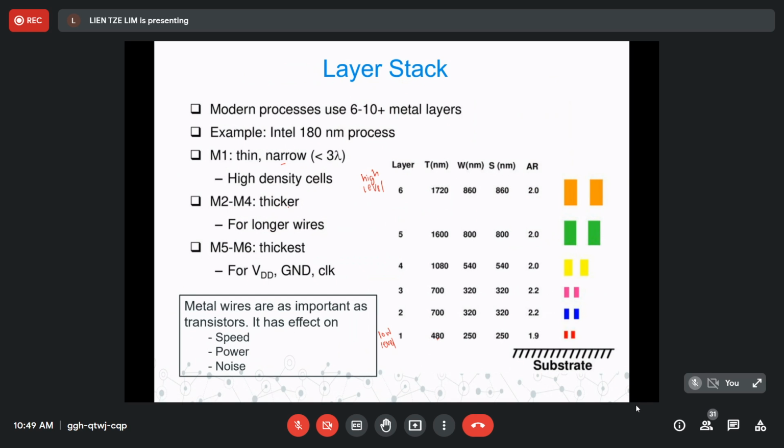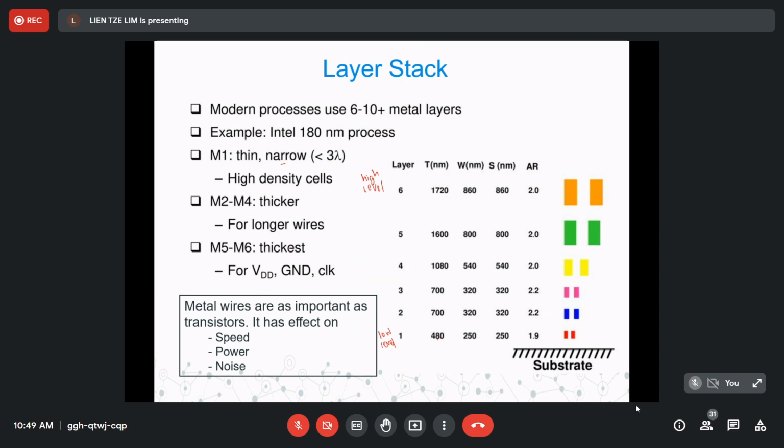These are also wires that have longer length. This is for longer wires. If we want to carry current from one terminal to another terminal, we also have to consider the thickness of the layer. The thickness of the layer will determine the current carrying capacity of that interconnect.